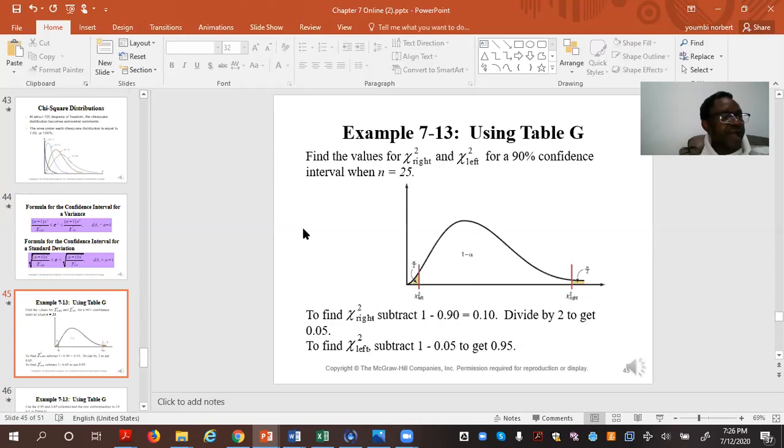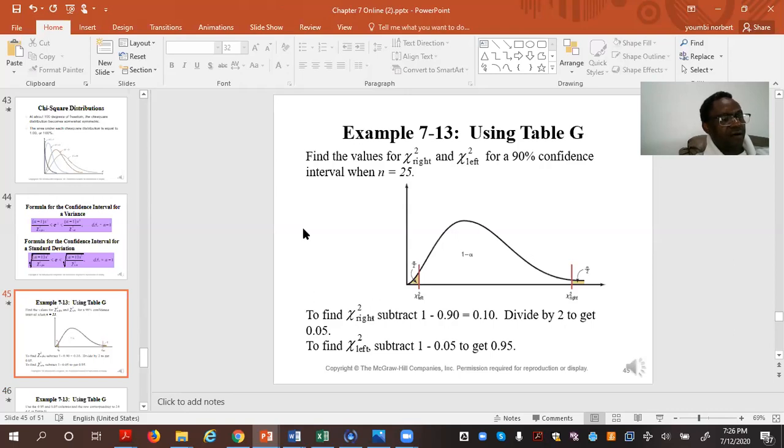For chi-square right, we will need 0.05, which is at the right of the table. For chi-square left, we will need 0.95, which is at the left side of the table. Now hold the table and you will see what I'm talking about.